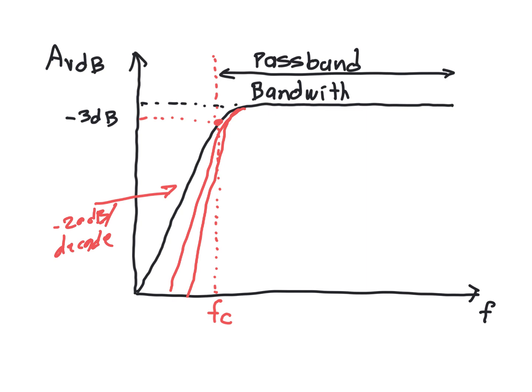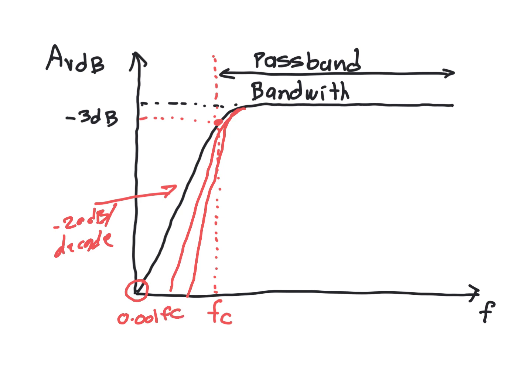But anyway, for the standard 20 dB per decade roll-off, the frequency here would be 0.001.